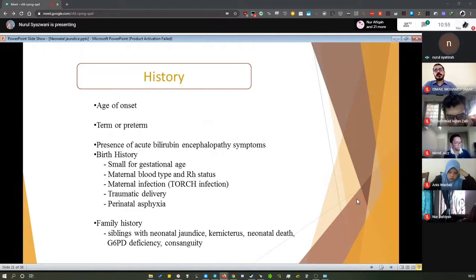And we also must ask the birth history. Is there a risk factor for the jaundice, such as small for gestational age? We must ask the maternal blood type and disease status. Is there any maternal infection, traumatic delivery, or perinatal asphyxia? And as well, we must ask the family history. Any sibling with neonatal jaundice, G6PD deficiency?